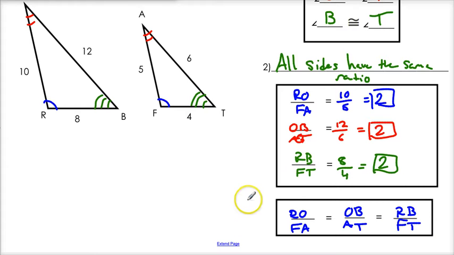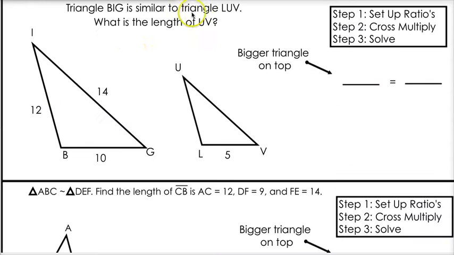So they all have the same ratio. All my ratios of the sides are the same. That is a key component of similarity. So we can use these properties that we just learned to solve some problems about triangles.